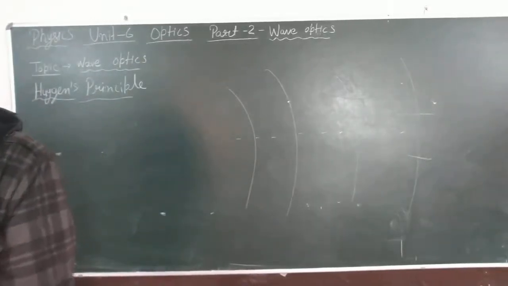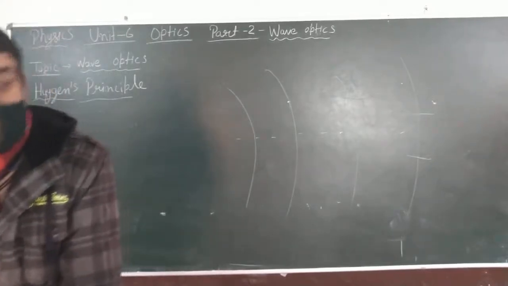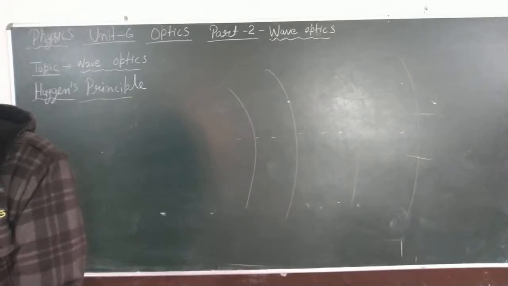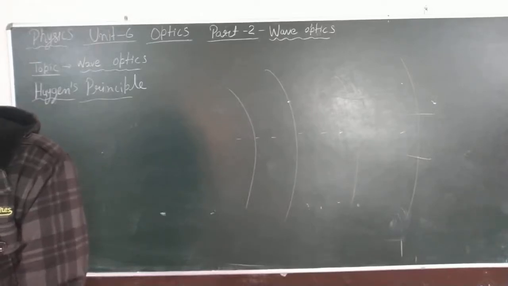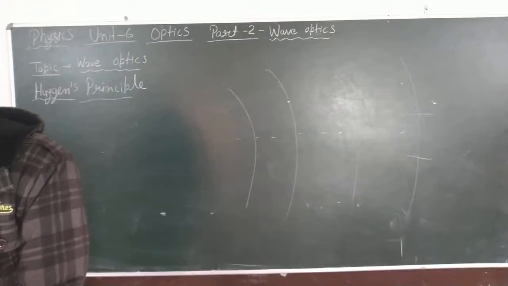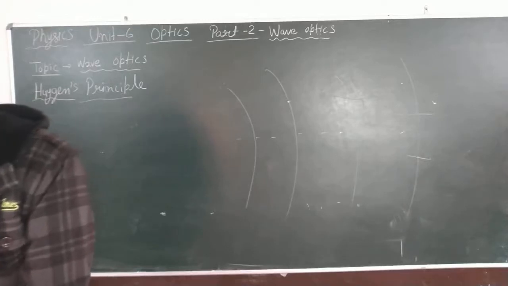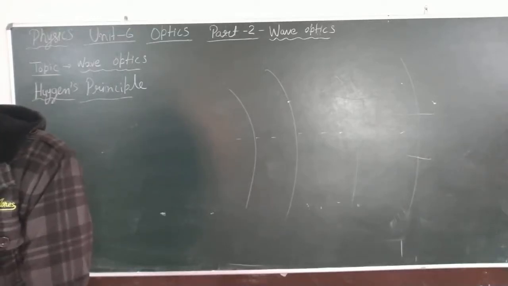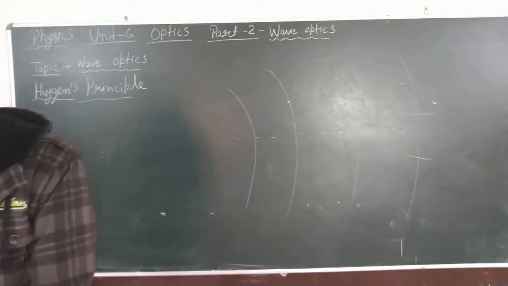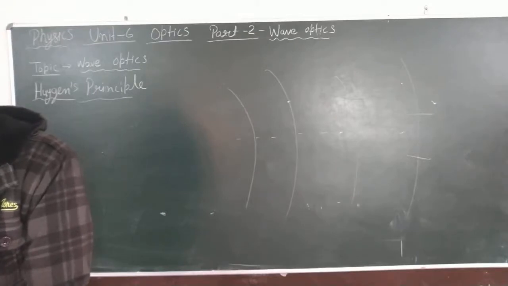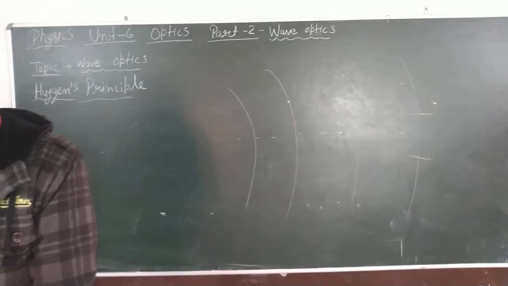According to Huygens' principle, there are two postulates. The first one is: each point on a given wavefront acts as a source of a new disturbance called the secondary wavelet, which also travels out in all directions with the same velocity as that of the original wave.